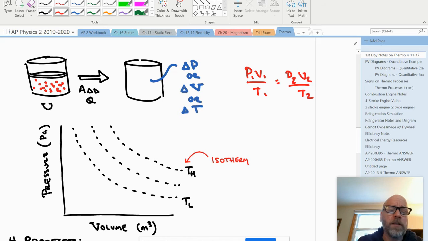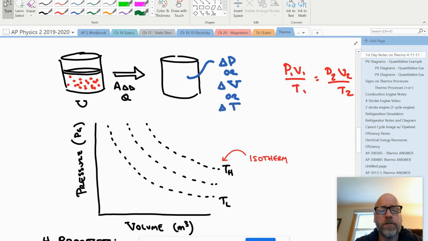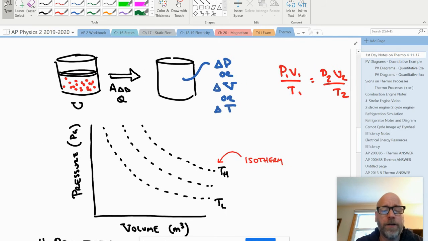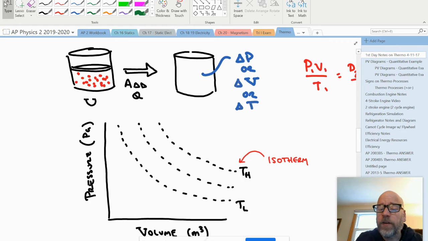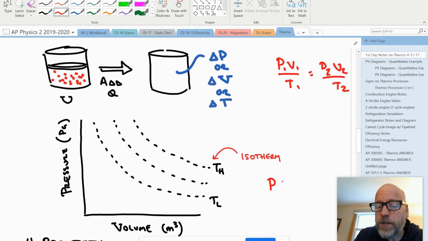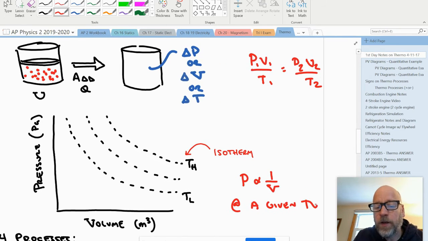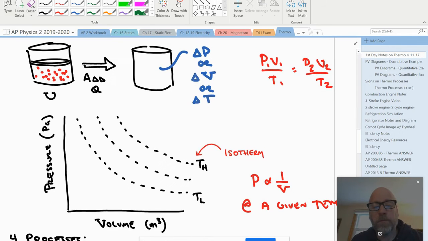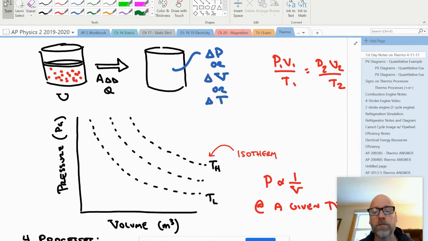Well, if I look at my P versus V, or my PV diagram, as I showed you before, the pressure is inversely related to the volume at a given temperature. So because of that, we end up with these isotherms that look like those 1 over X graphs.